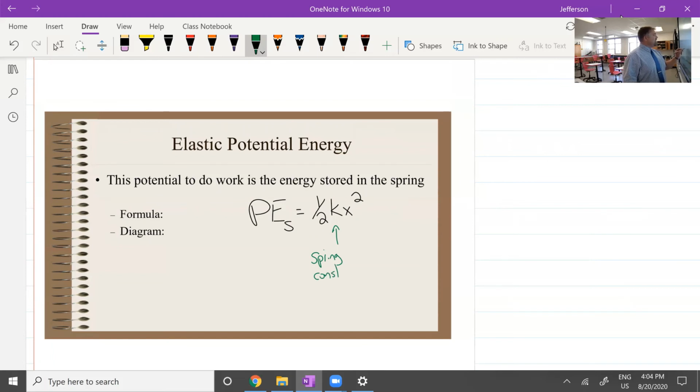It's how much force it takes to stretch a spring a certain amount. x is how far the spring changes its length. I usually say you're going to stretch it, but some springs you compress.